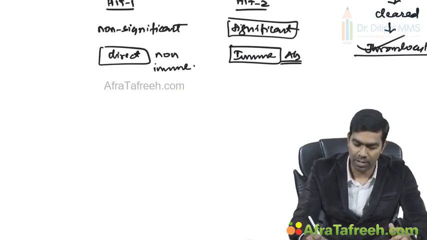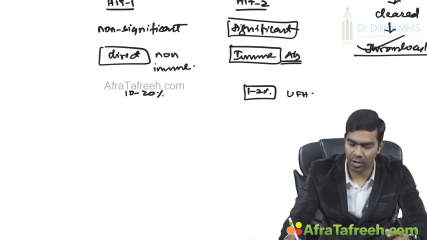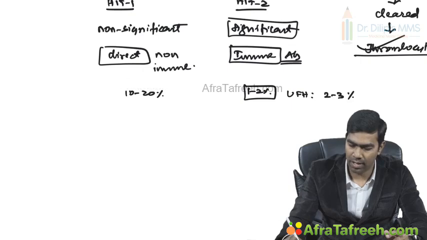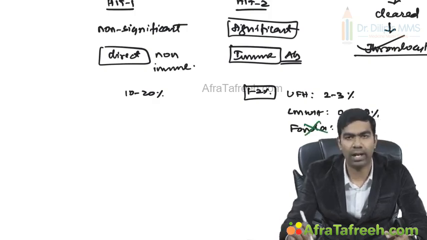It's antibody mediated. Incidence is 10 to 20% here, while it is approximately 1 to 2% only overall incidence there. But if you ask about unfractionated heparin, as we already discussed, it is going to be 2 to 3%, and in low molecular weight heparin it's going to be 0 to 0.8%, and in fondaparinux it's 0%, which means fondaparinux is not associated with any kind of HIT.